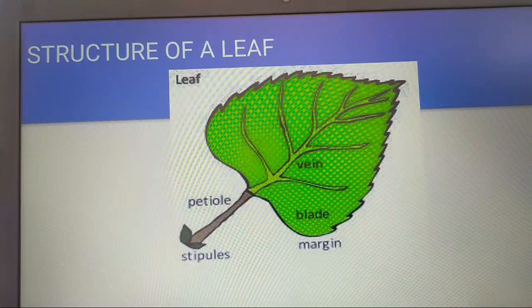It's not necessary that all the leaves are attached to the stem with a stalk only, the petiole. There are certain plants which are directly attached to the stem without a stalk. Such a leaf is called sessile, which means without stalk.